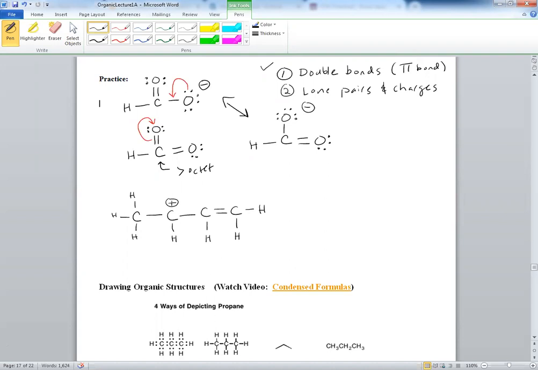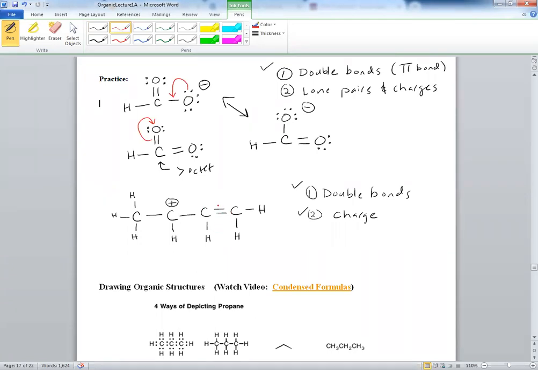Here it is. So ask yourself, do I have any double bonds in this one? Are they near each other? Yes, I do. Do I have any lone pairs or charges? Yep, I have a charge. I have a positive. So then what can you do? Is there a way you can move the electron somewhere?